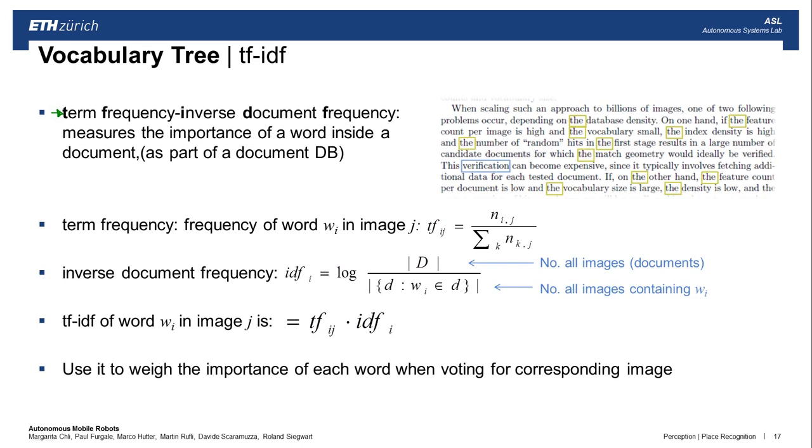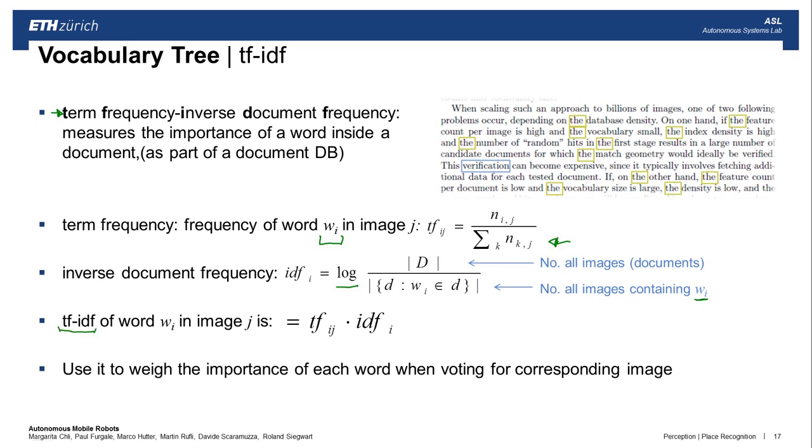The term frequency is essentially the frequency of this particular word in this image over all the words that have been observed in this image. And then the inverse document frequency is formed as the logarithm of the number of all of the documents, or images in this case, over the number of all of the images containing this particular word, WI.